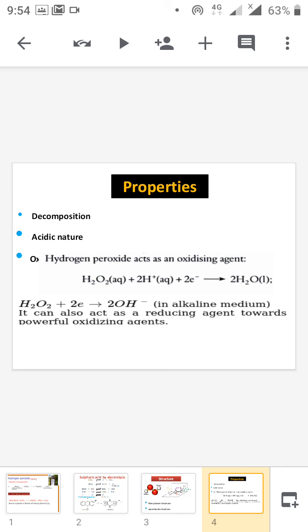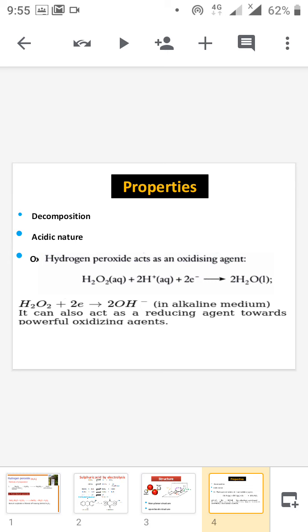First is the decomposition of hydrogen peroxide. Hydrogen peroxide decomposes to give water and oxygen, and that is a common reaction. Second is the acidic nature. Hydrogen peroxide is a weak acid, and it is a dibasic acid. The next property is very important, that is the oxidizing property.